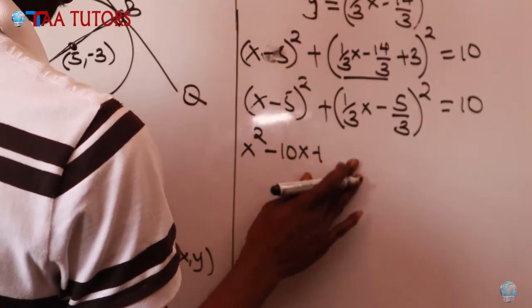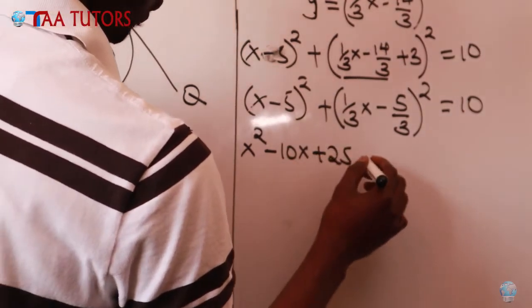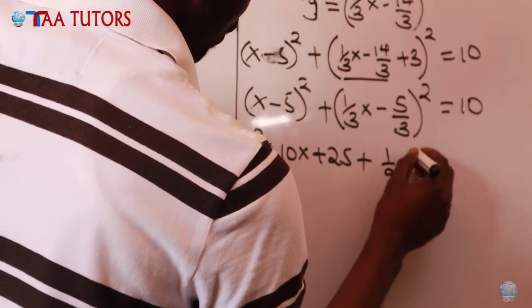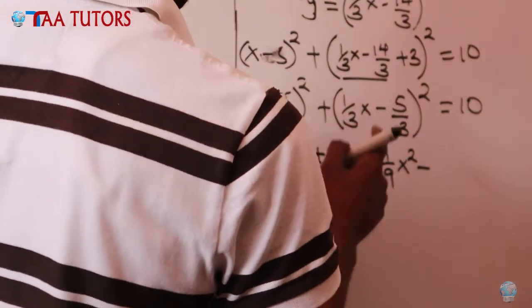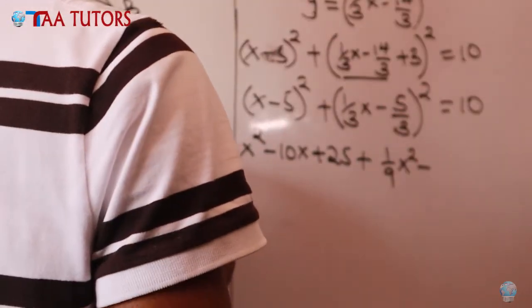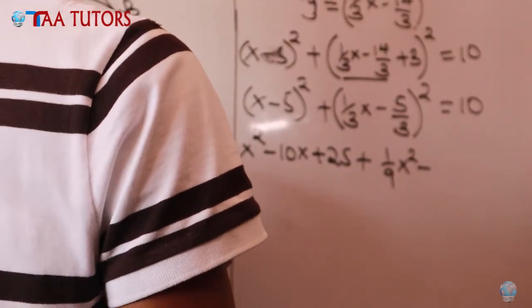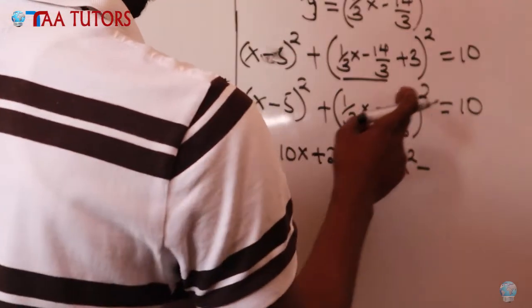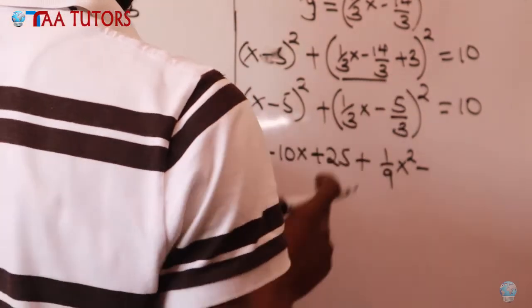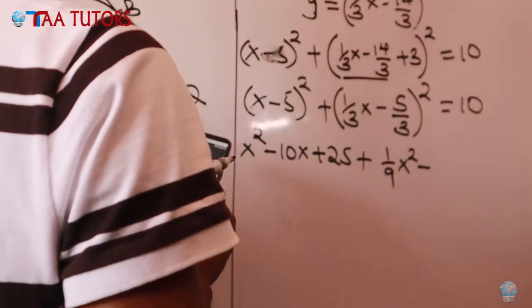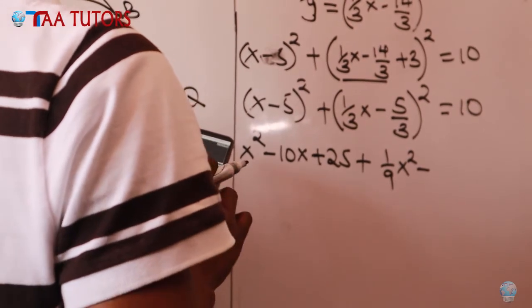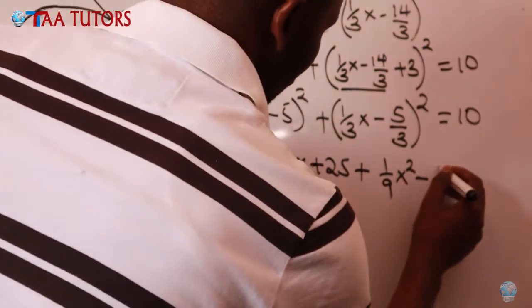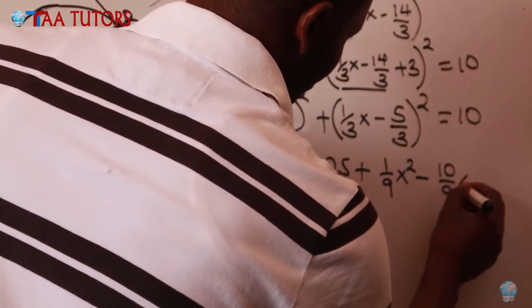Then 5 squared should actually be 25, sorry. 25 plus, then we square the third x, which is 1/9 x^2, minus 2 times a third, which is 2 thirds, times negative 5 over 3, we get negative 10/9 x.